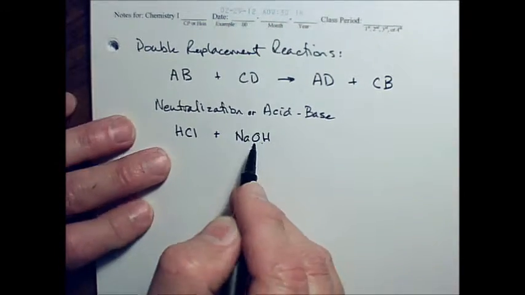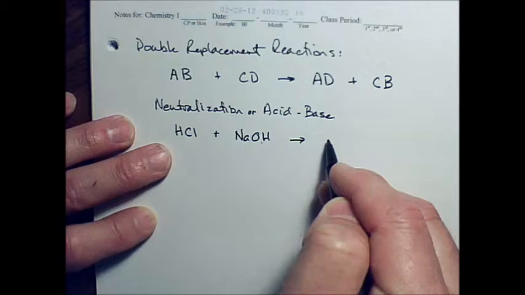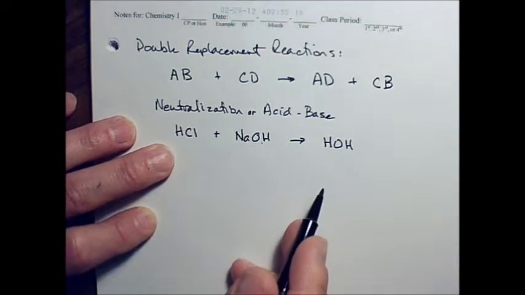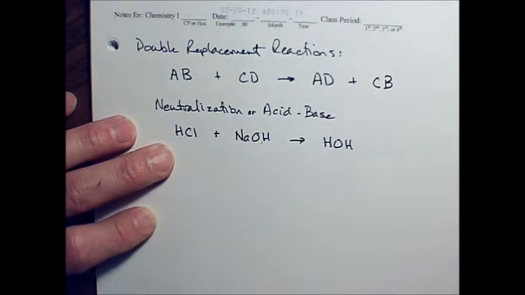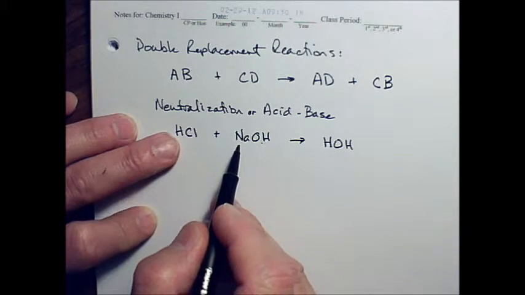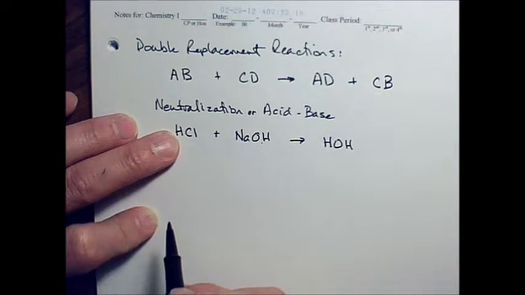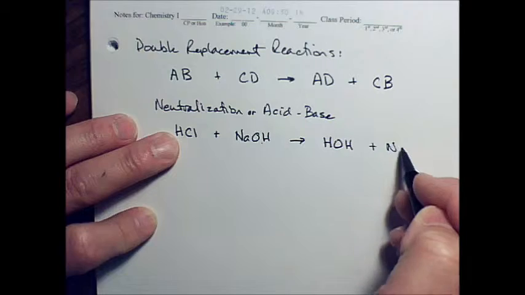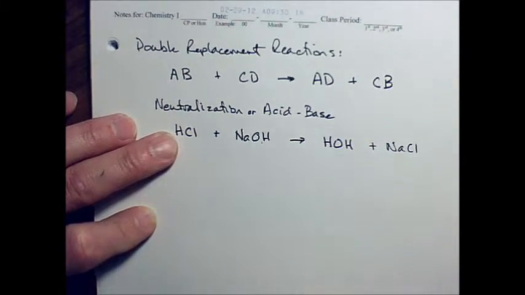Okay, so H has to join up with hydroxide. HOH. What did I say about that? That's water. Okay? And then Na has to join up with Cl, and which one do you write first? Na. Front part has to be the front part. Okay? NaCl.